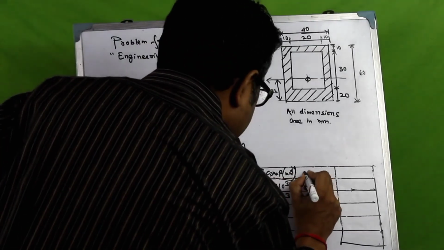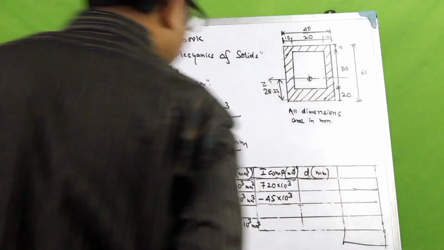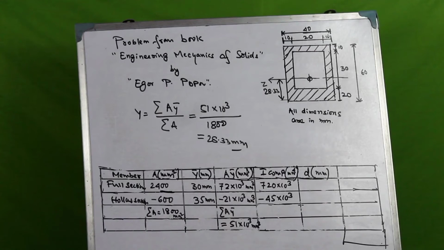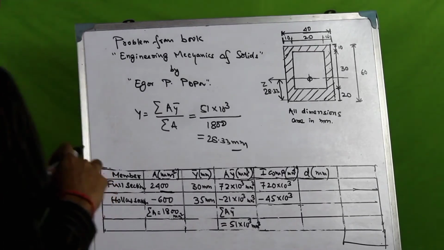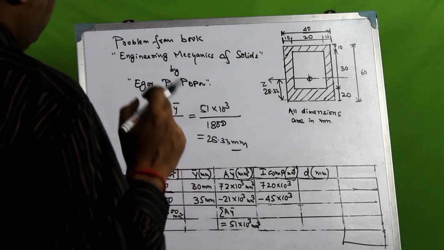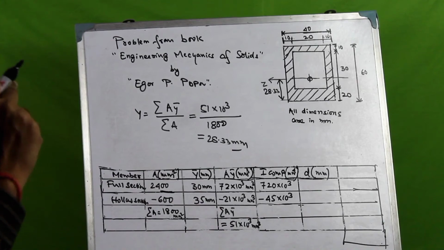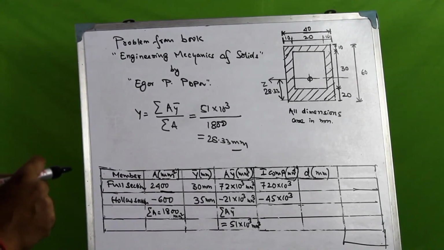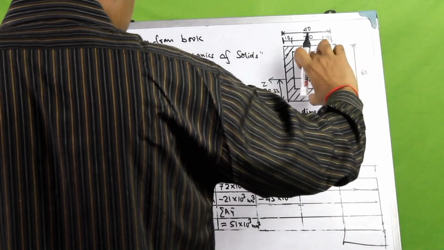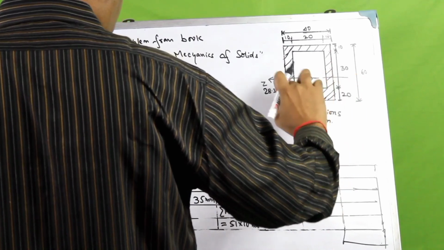Now let us calculate the value of D in millimeters, right? The value of D would be calculated as the distance of the centroid of the individual components from the centroid of the whole cross section. So this one is at 30 millimeters, 60 by 2 from the bottom flange, it would be 30 millimeters for this whole section.